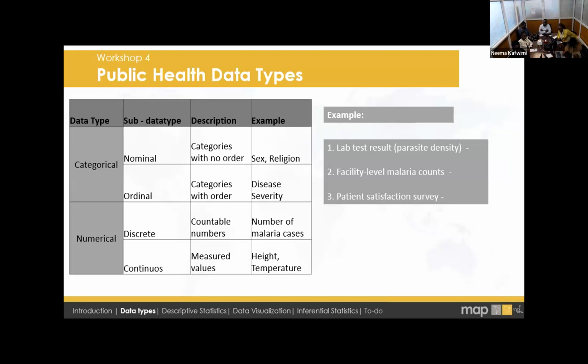Either online or in the room, if you know the answer. Yes, continuous data. Thanks, Babalola, my apologies.